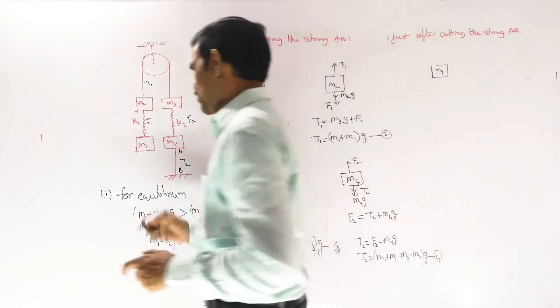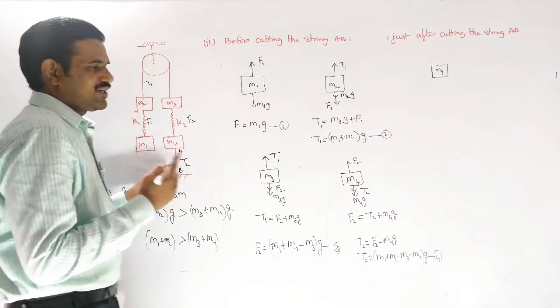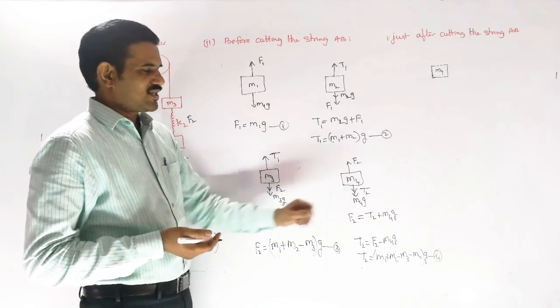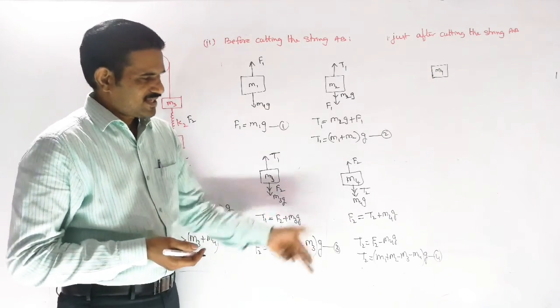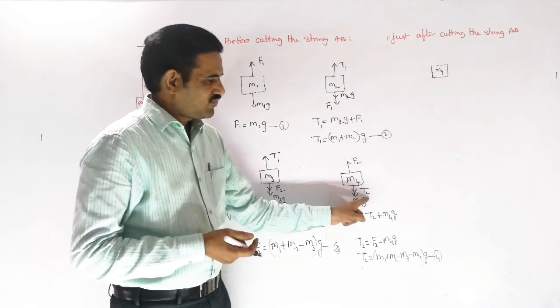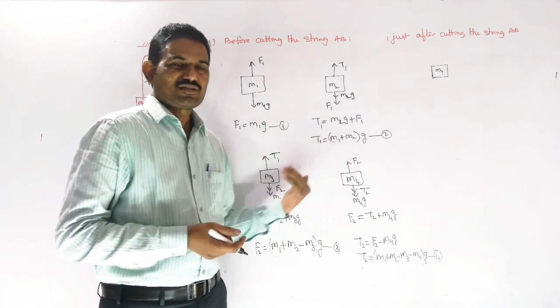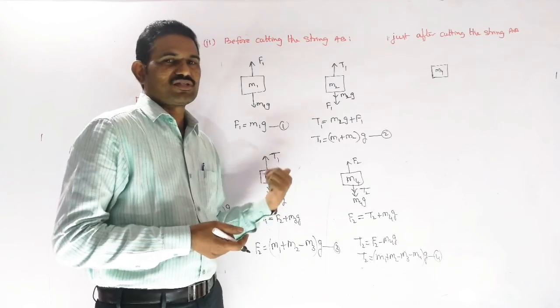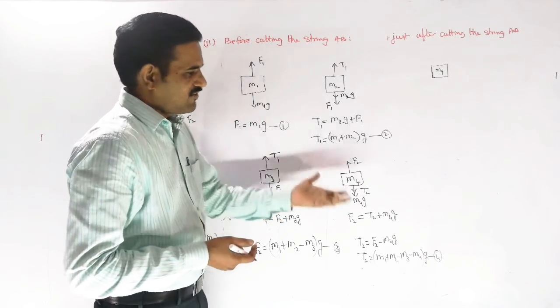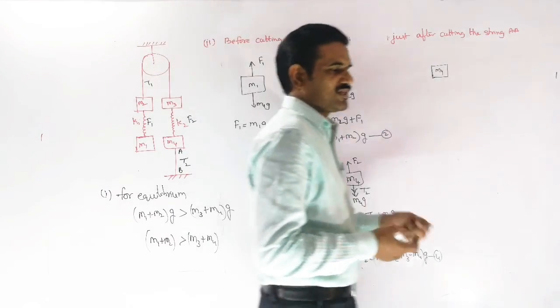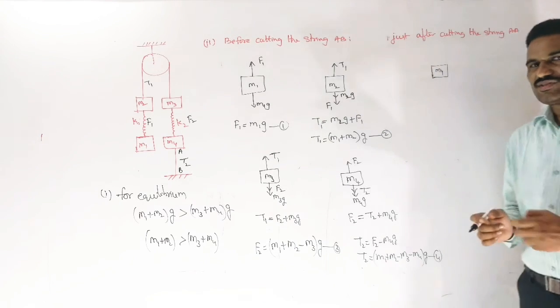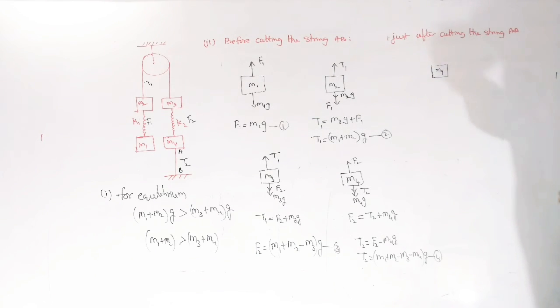That means whatever T2 we assumed here, that T2 will become 0, but not F2. F2 will be there, the same value. Whatever spring force F2 was there before cutting the string, the same spring force will be there just after cutting the string also.